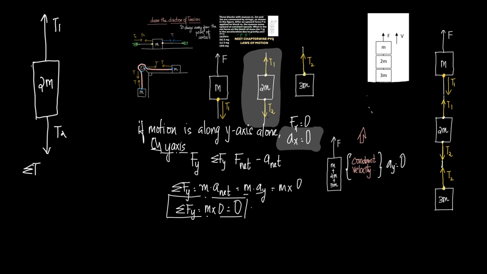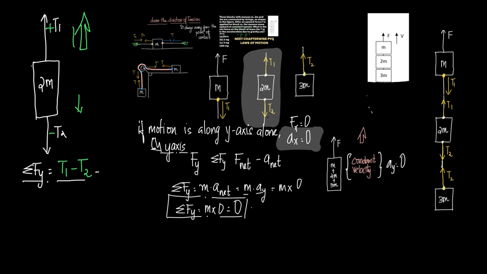So what is sigma Fy? Sigma Fy will be the difference here. The net direction of motion is acting upwards, so we'll take the force moving along this direction as positive and that opposing this direction as negative. So we have sigma Fy is equal to T1 minus T2, right?